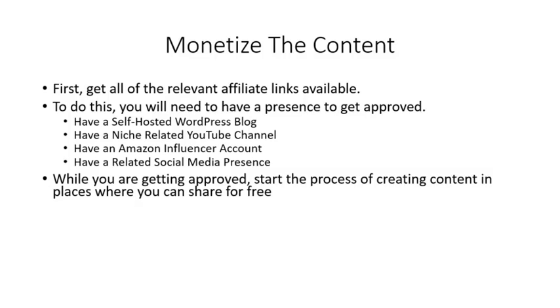Start creating content for your YouTube channel. Start creating content for your Amazon influencer account. Start creating content for your social media presence. You may not have started this, but what you're trying to do is go to these places where you're going to get an affiliate link and tell them, you can approve me because I'm credible. Start creating content while you start the application process.